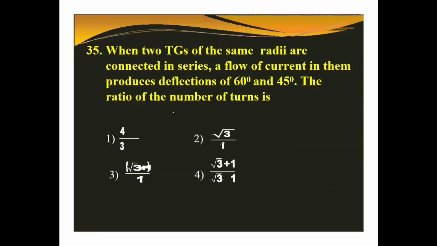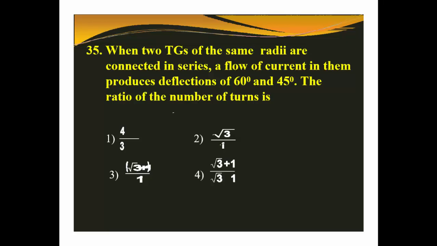Okay, next question. When two tangent galvanometers of the same radii are connected in series, the flow of current in them produces deflections of 60 degrees and 45 degrees.